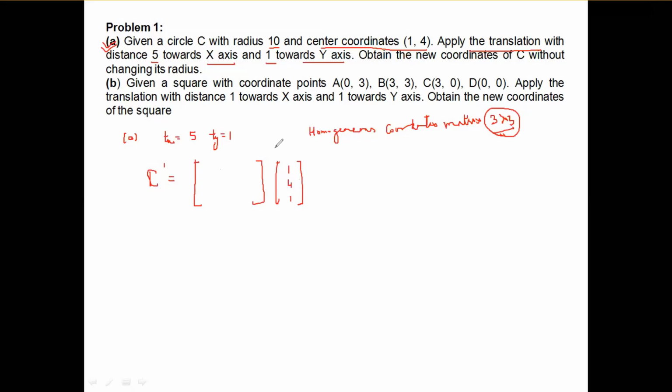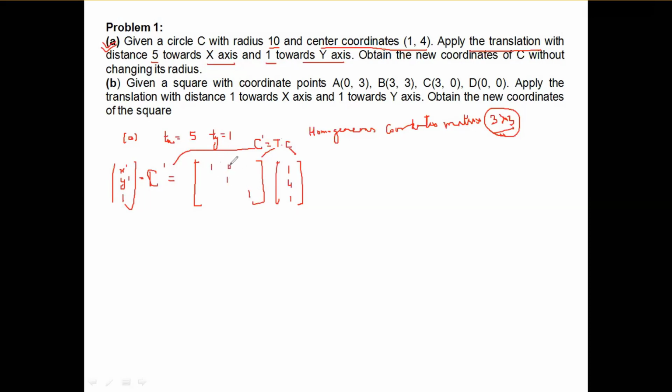In general form, it is the new point, the translation matrix, and the old point, that is the center. The new point can be written in terms of x and y, that is x dash, y dash, and 1. So what will be the translation matrix of 3 into 3 order, that is 1, 1, 1.